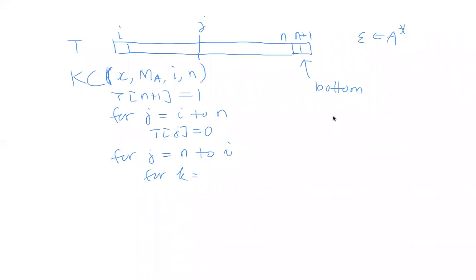Okay, so j will move from bottom up, and then k will look for from j to n. So then I'm going to say, for any fixed j, so we want to know, see, this is in A, the rest of it is in A star.